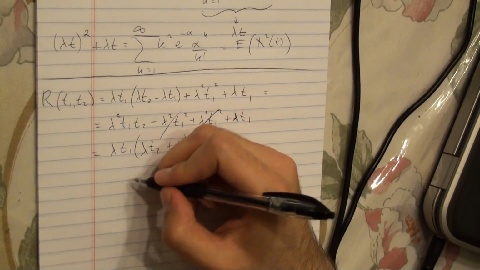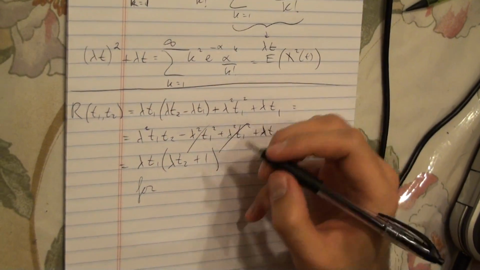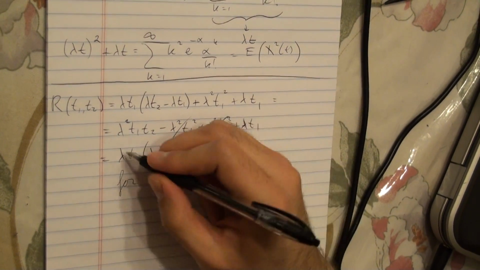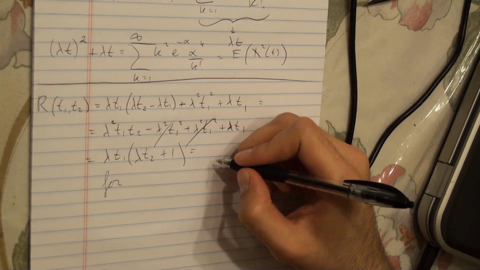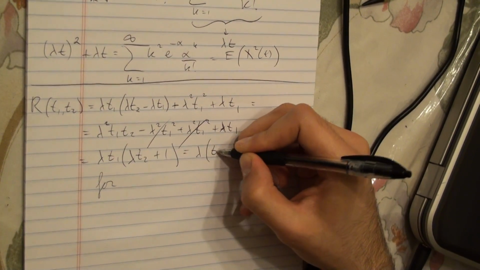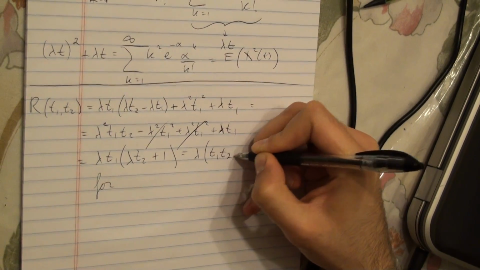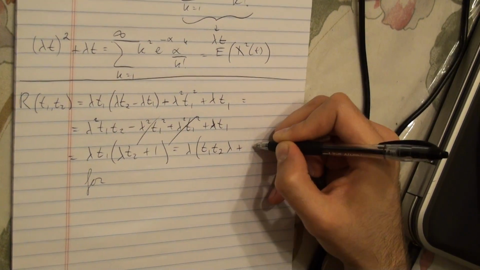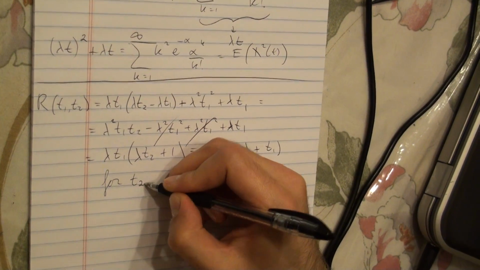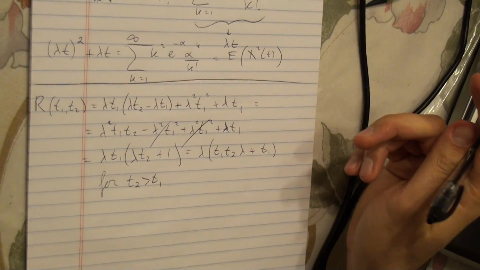Now remember, this is only for the case that I can actually rewrite it like this, and this will be more illustrative: lambda t1 times lambda t2 plus t1. This is for the case that t2 is greater than t1.